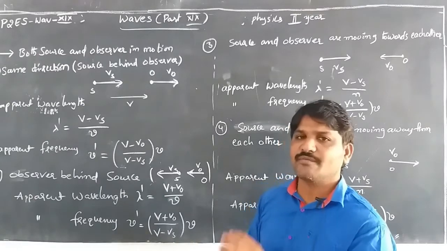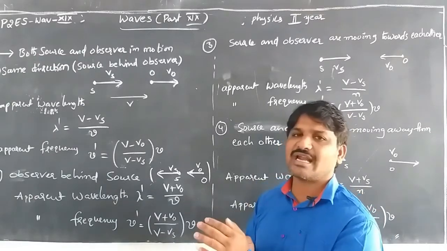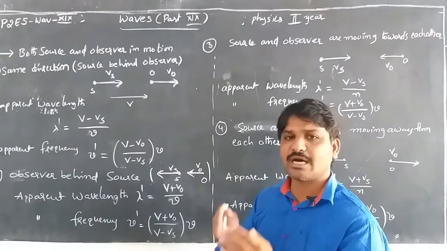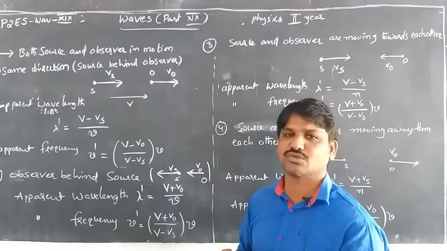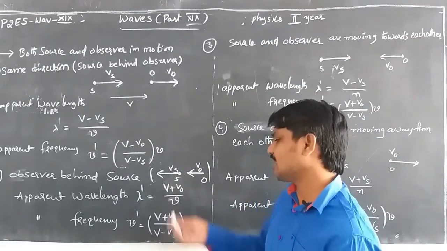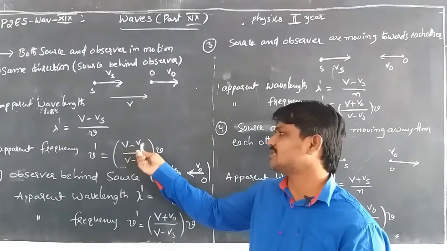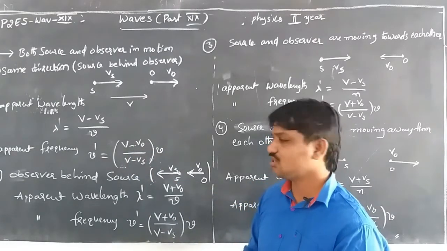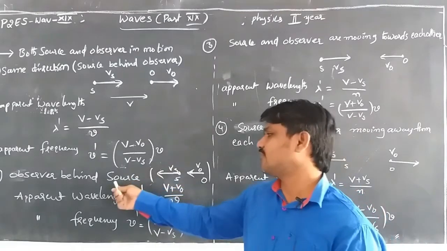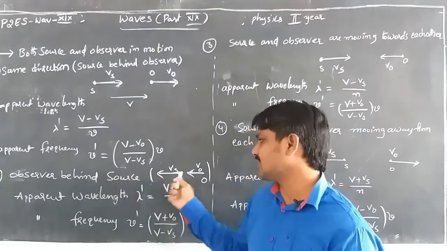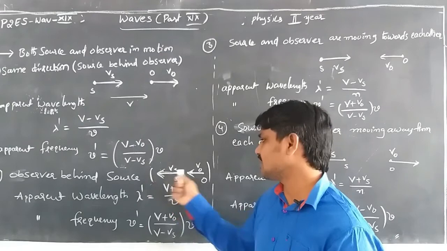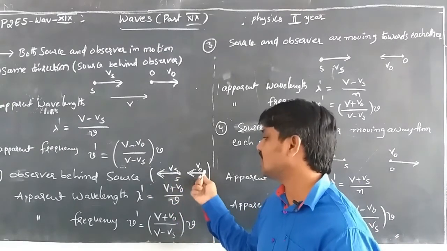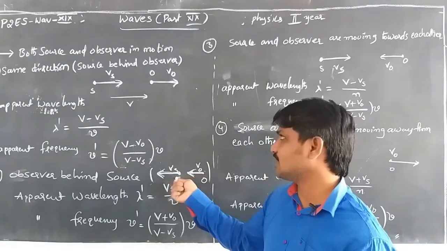If the source is moving forward and the observer is following, meaning the observer is behind the source, then the observer's direction changes. Here the source is traveling in this direction and the observer is traveling in this direction, so the observer is behind the source.